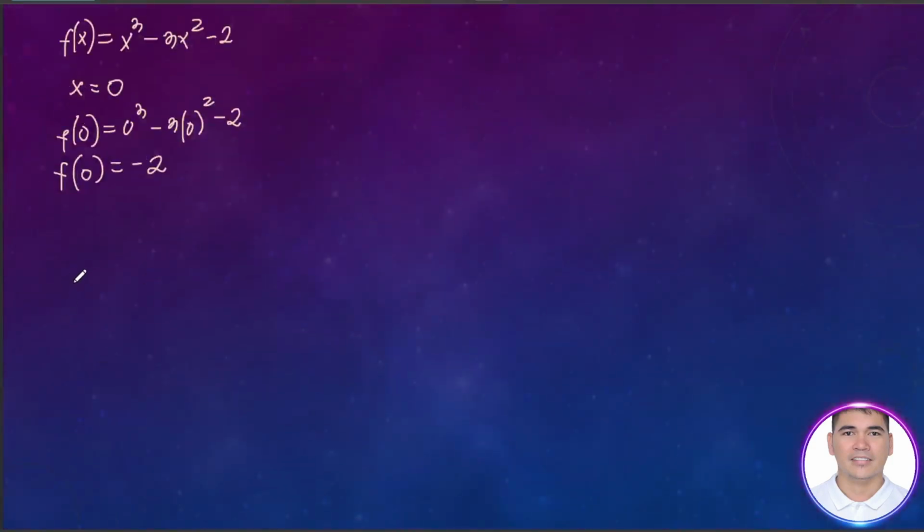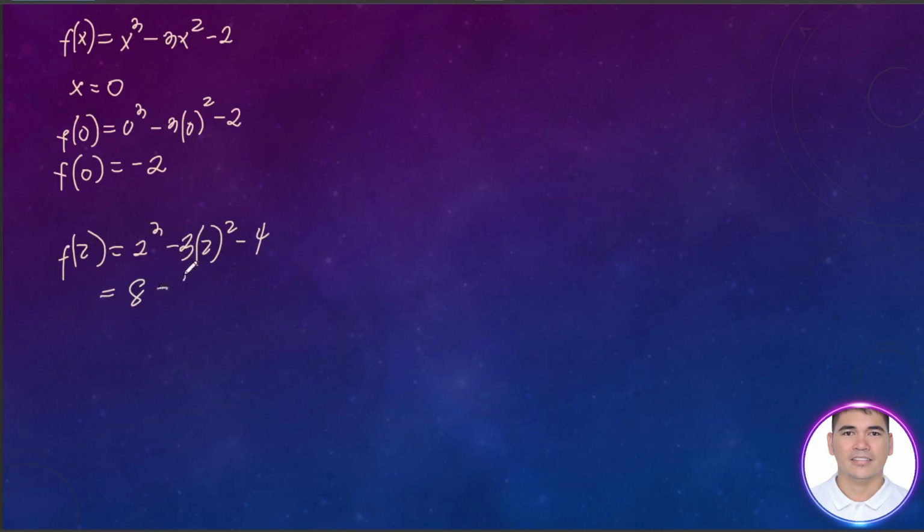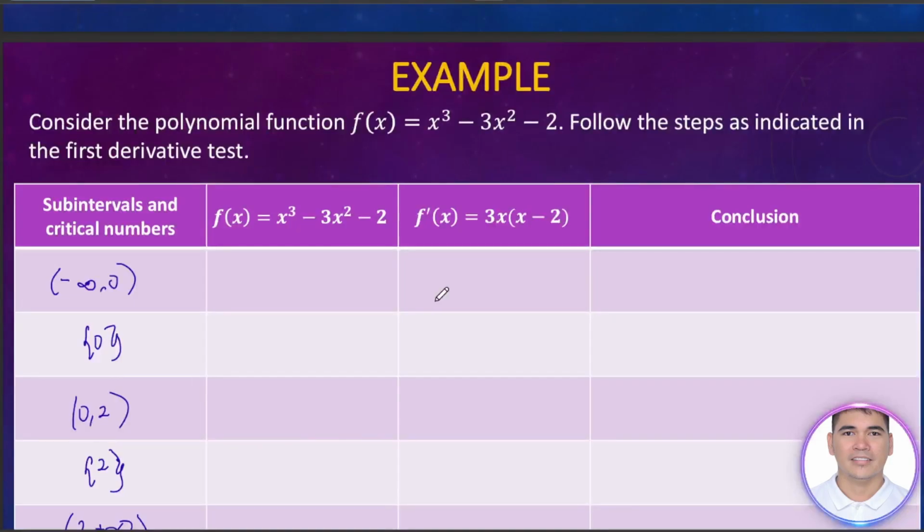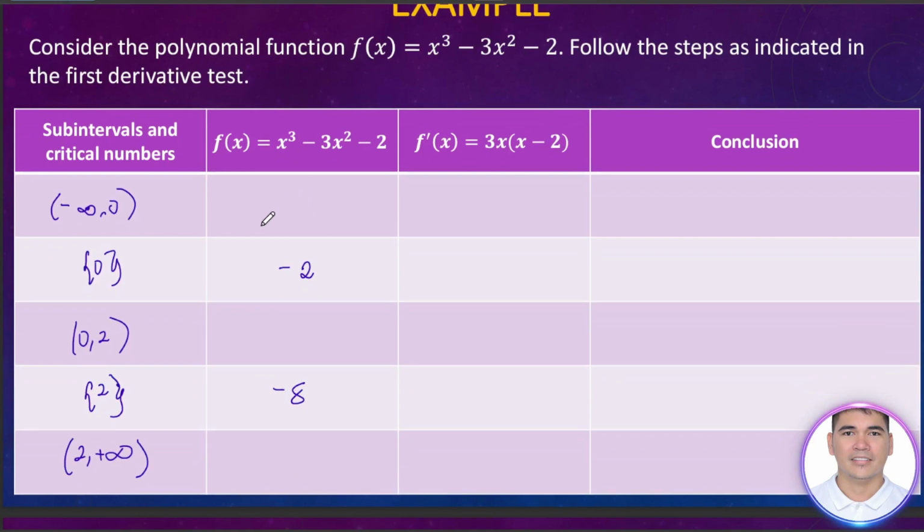Then for 2, 2 cubed minus 3 times 2 squared minus 2. So we have 8 minus 12 minus 2. So we got negative 6. So here we have negative 2. Here we have negative 8. We just place these as is.